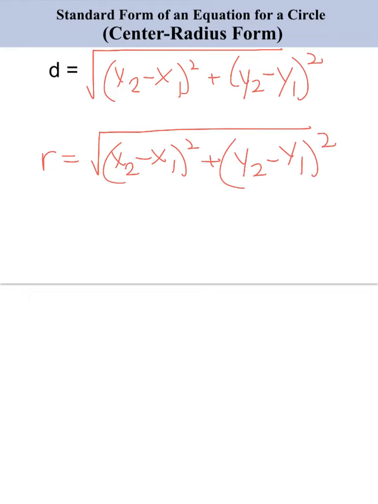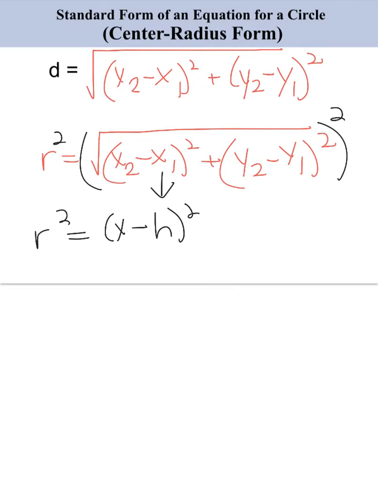If I square the radius, and I square this side, I end up with r² = (x - h)² + (y - k)², where I replace these values with h and k.